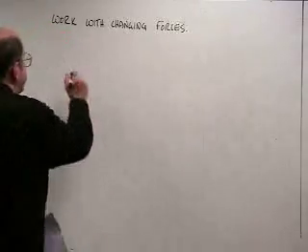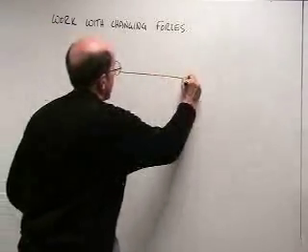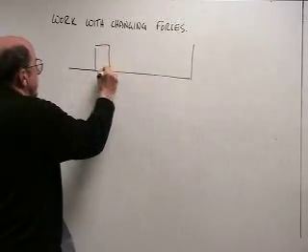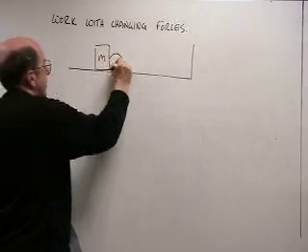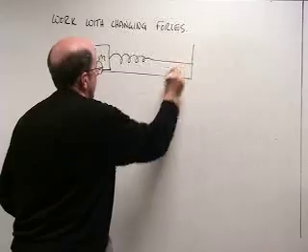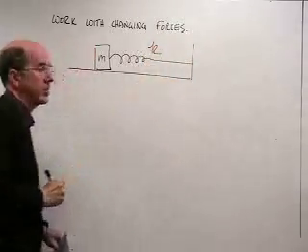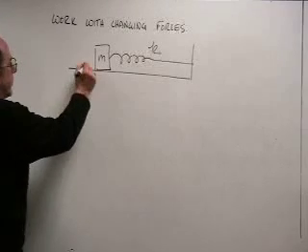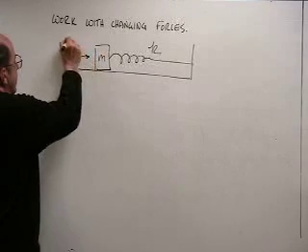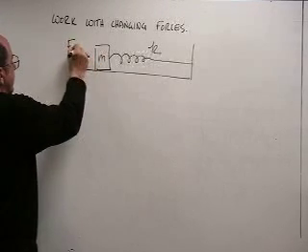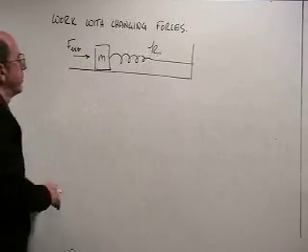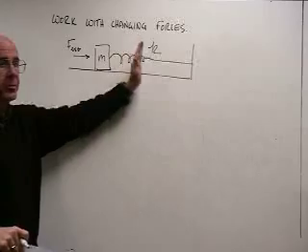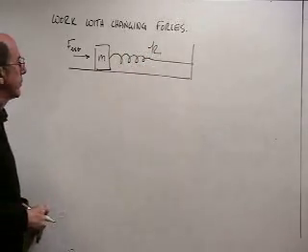Suppose I take a mass on a spring, and the spring has a spring constant k. And I'm going to use an external force F sub x, ext, just pretend it's my hand, and I'm going to take my hand and compress that spring a certain distance.